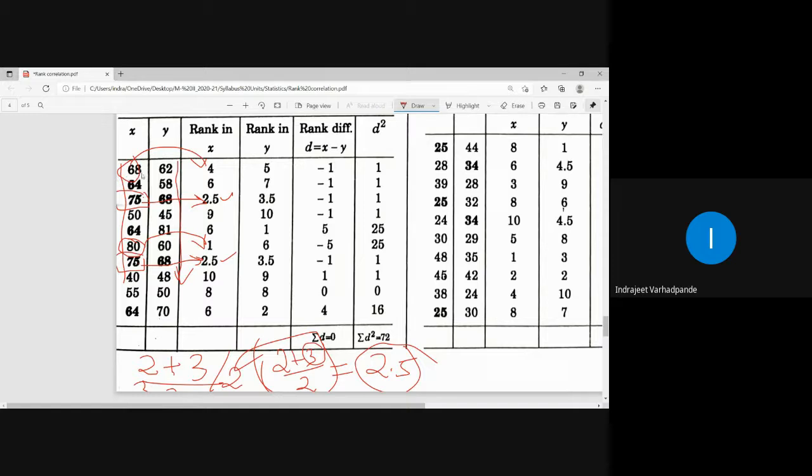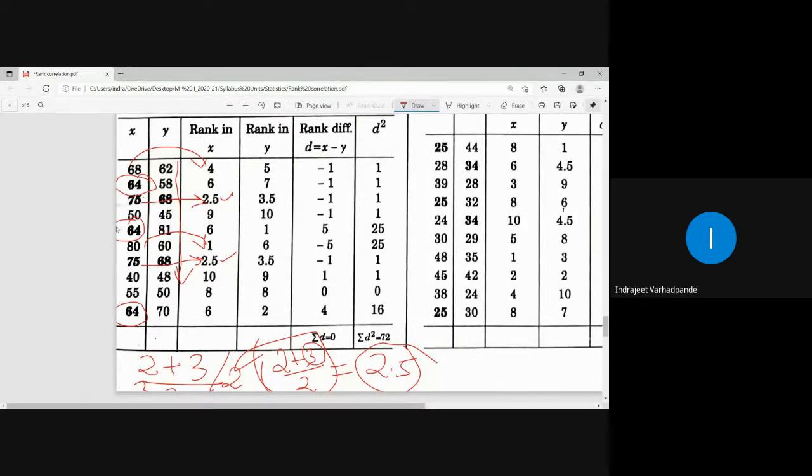Clear? So 68, the next highest number, will be given rank 4. After 68, it is 64. Now how many times is 64 observed? 3 times: 64, 64 and 64.